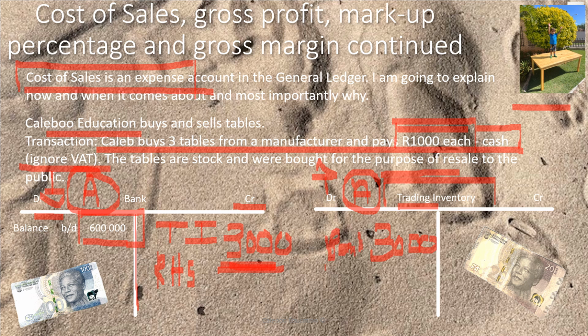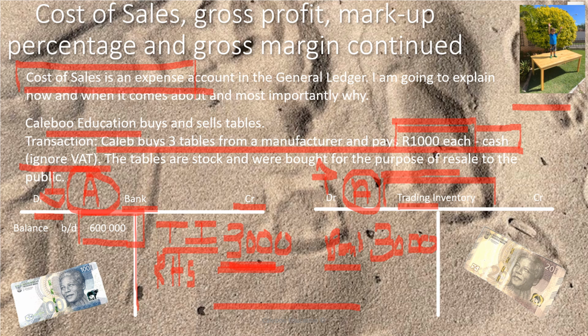And the contra account to trading inventory is bank, and the contra account to bank after this transaction is trading inventory. I've explained the link between accounts with transactions, contra accounts. So these two accounts are contra accounts to each other. Now, let me explain that in English.